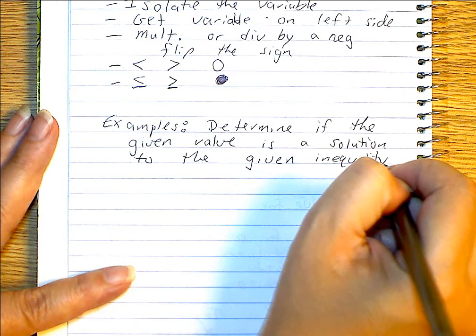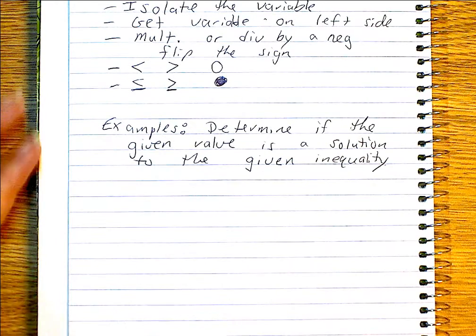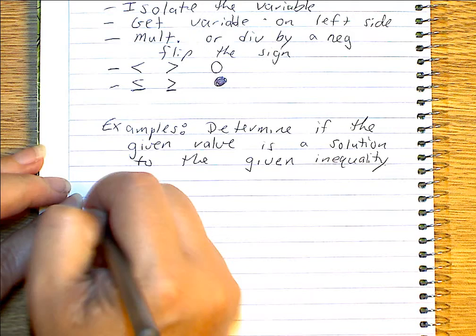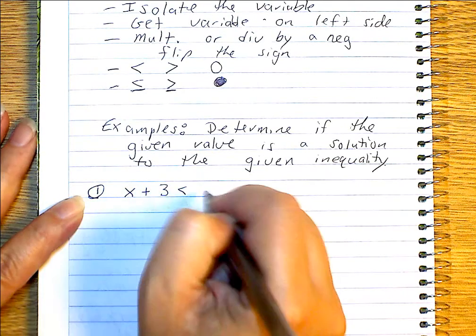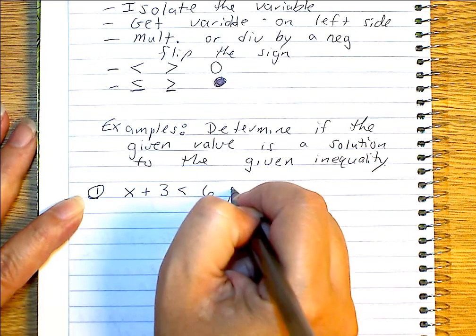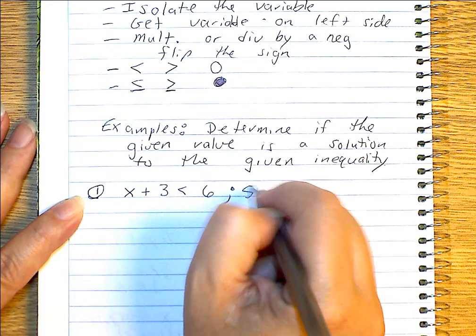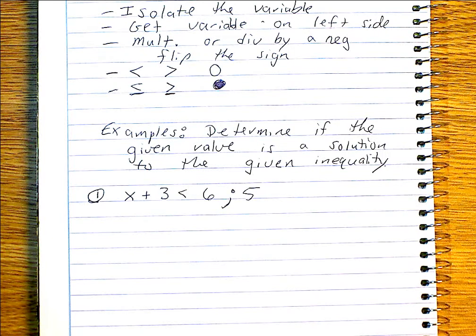All right, so what does that mean? If I gave you x plus 3 is less than 6, and the number that I want to know about is 5, we are going to determine if 5 is a solution to that.